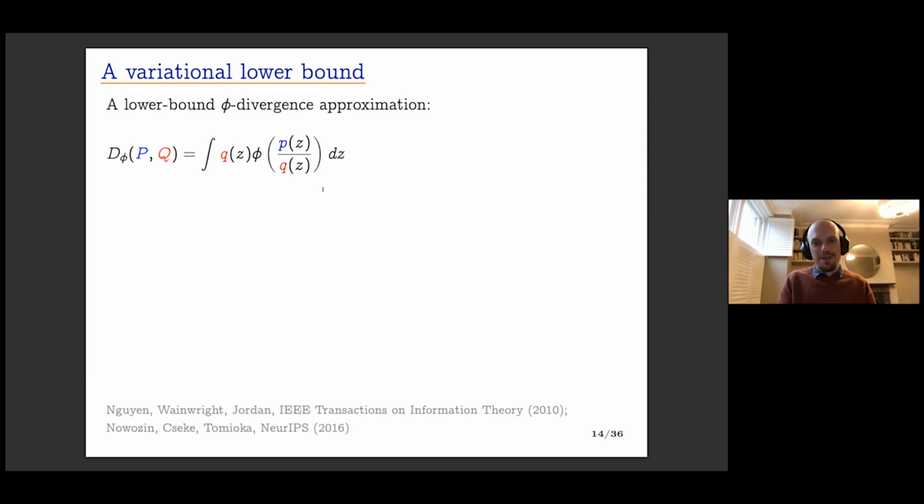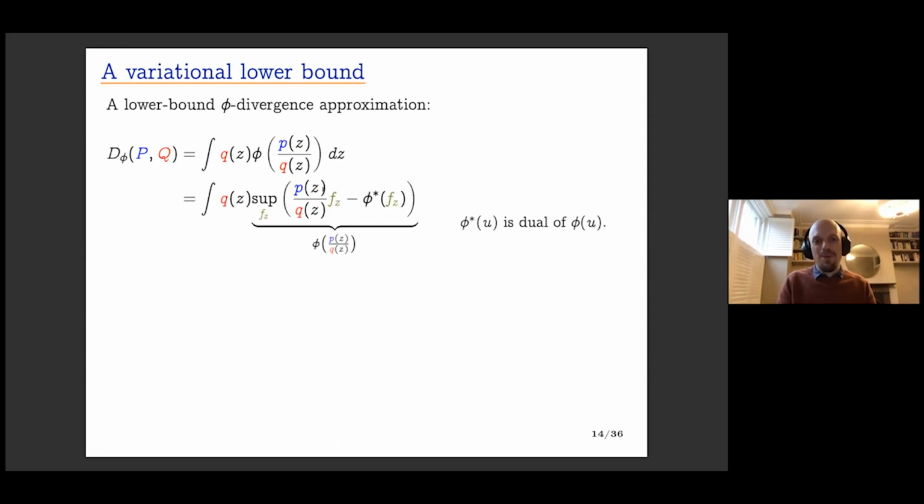Now we're going to first play a little mathematical game, and we're going to rewrite this expression in terms of the solution of an optimization problem. This phi star function is the dual of my original phi function. The dual function is basically like the slope-intercept form of a function. What does that mean? If I have a function phi, and I input to the dual a slope of that function, then I can take a tangent line where phi has that slope, and phi star returns the intercept of that tangent line.